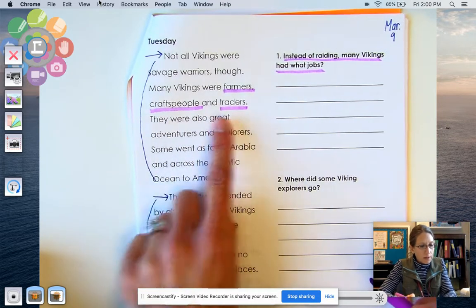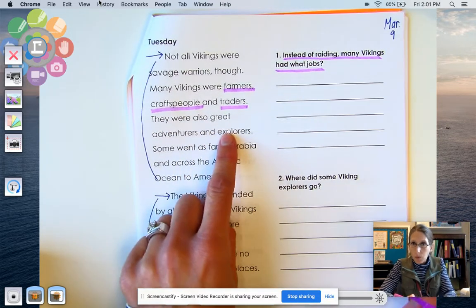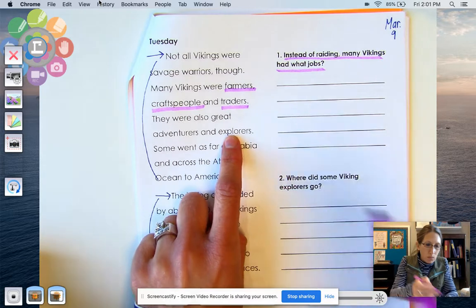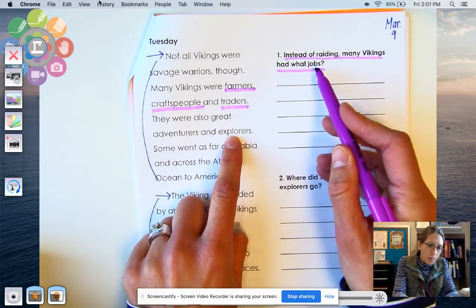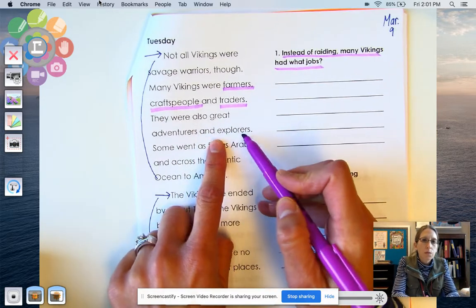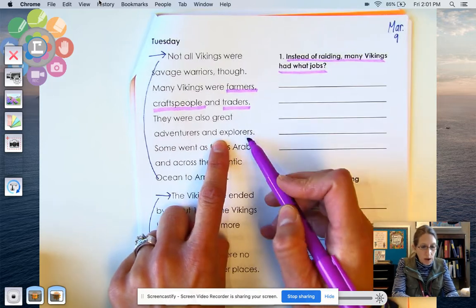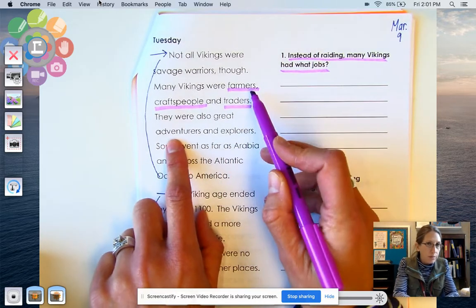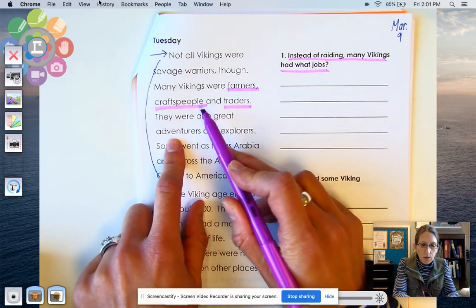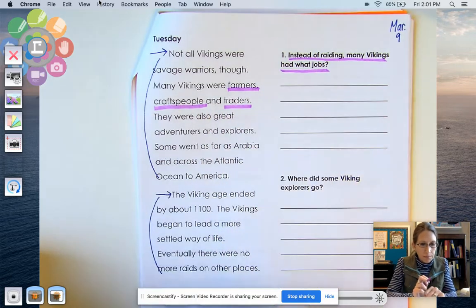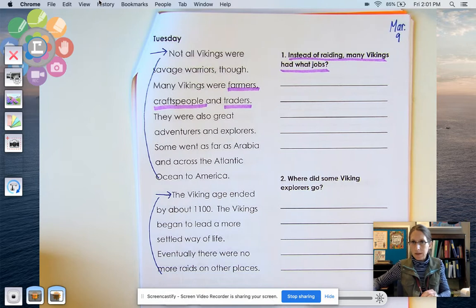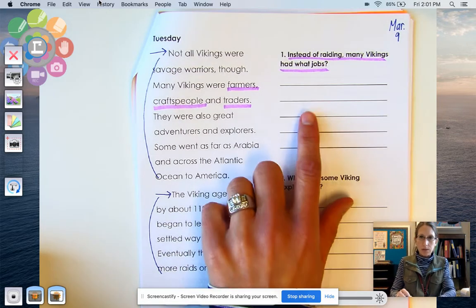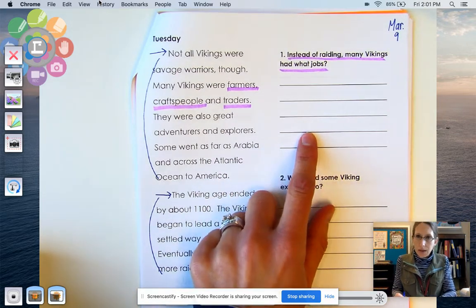They were also great adventurers and explorers. So let's see, would those be jobs? Adventurers and explorers? Could be. Those could be jobs. So if you wanted to underline those, you could. But definitely these are jobs, right? Farmers, craftspeople, traders. Okay, so let's go back and use our pencil to write our complete sentence answer.